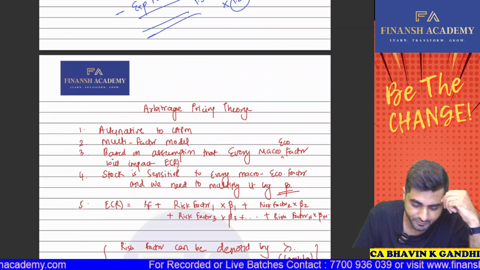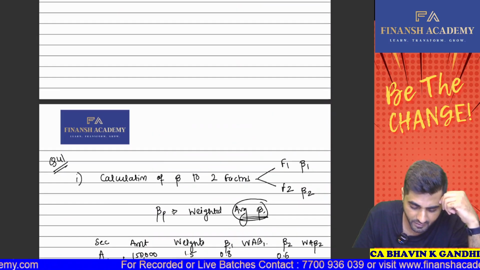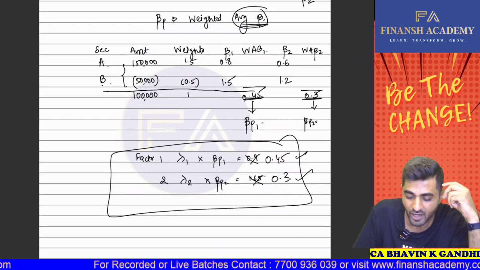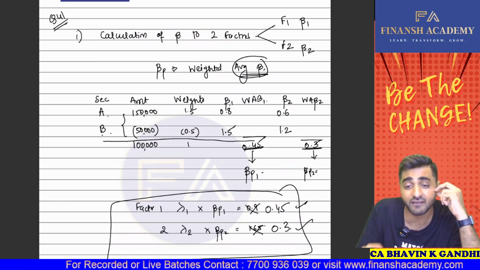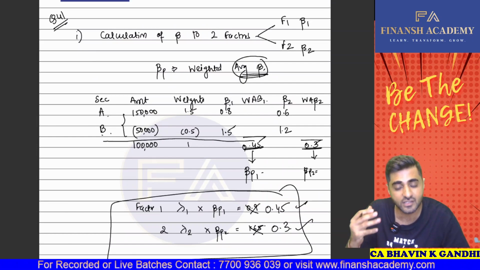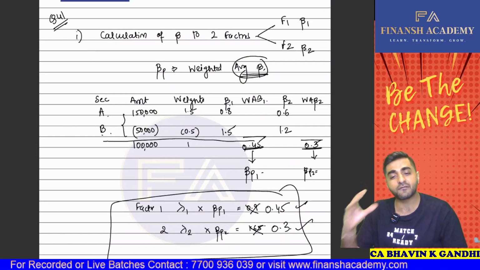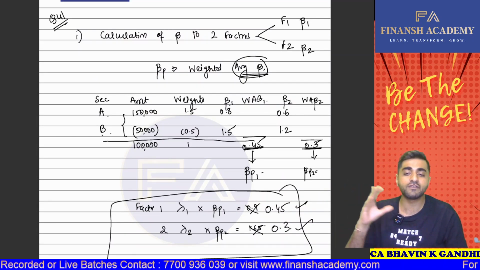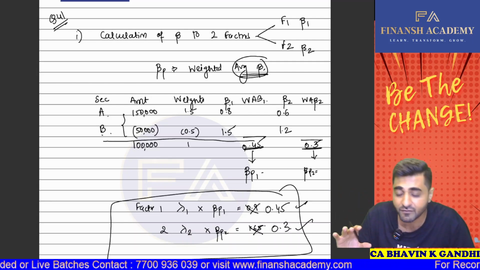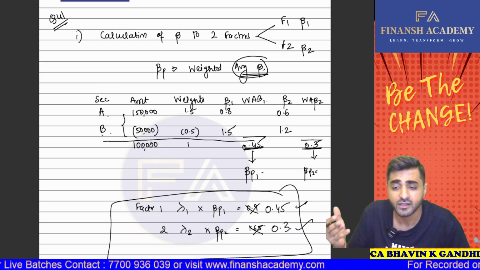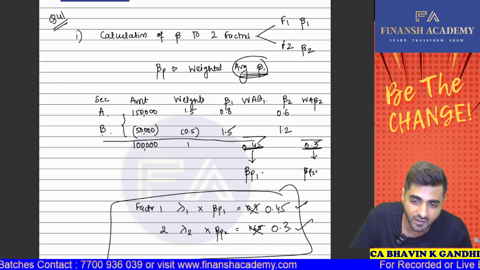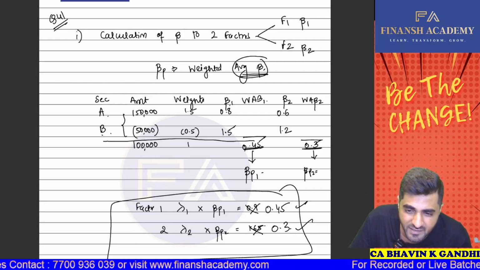Okay, great. As you can see, we have the weighted average beta of the portfolio as 0.45, and similarly for factor 2 sensitivity, we have 0.35. So that is going to be your 0.35 or 0.3, something like that.